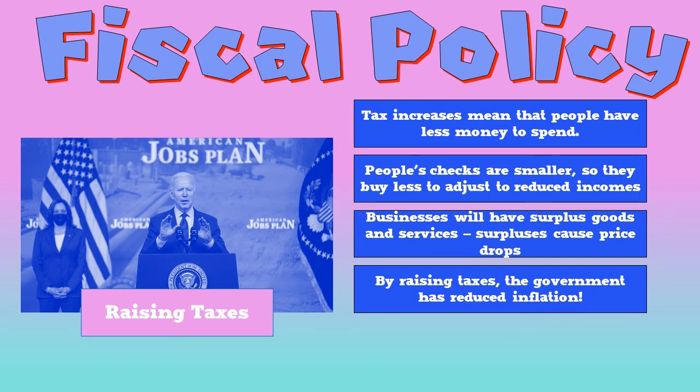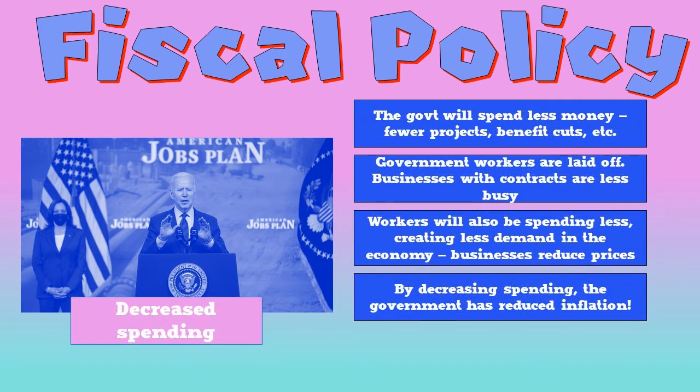And so in this line of thinking, when the government raises taxes, they can reduce inflation because they cause businesses to reduce the prices of goods and services. So here, a tool of fiscal policy is the government raising the taxes to force the businesses to reduce the price of goods.